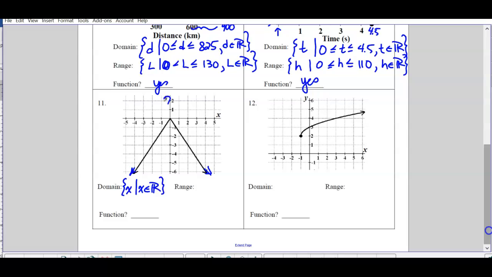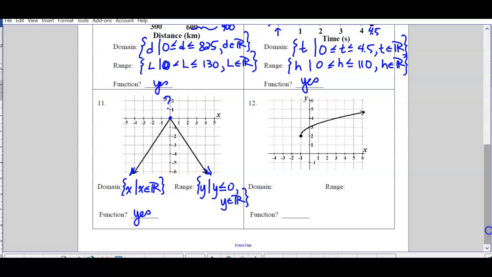But the range, there's no points above the x-axis. Arrows are going down, but the largest y value is 0. So for the range, it's going to be y less than or equal to 0, where y is an element of the set of reals. Okay? And is it a function? Yes, it is. Okay, a vertical line only touches once.